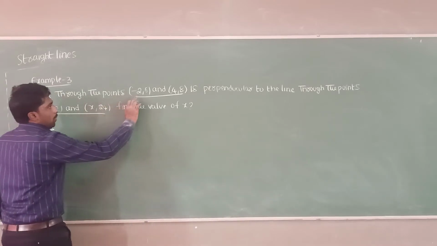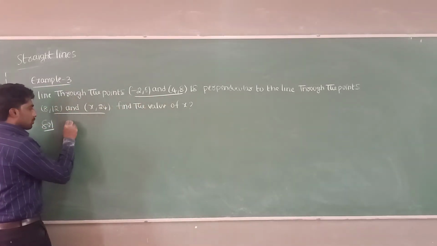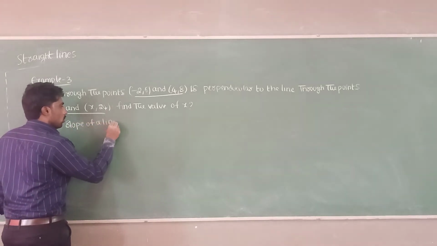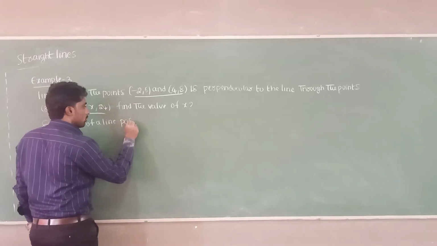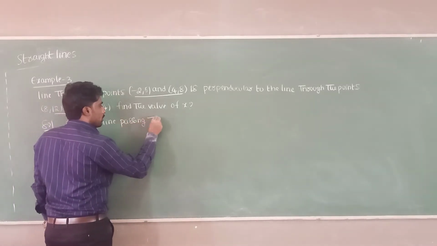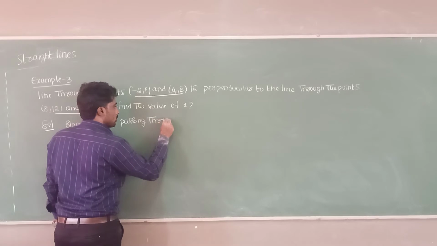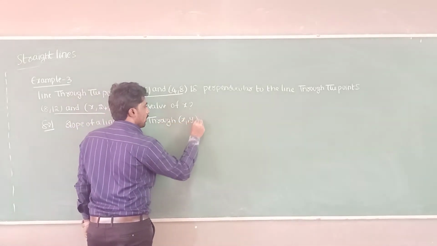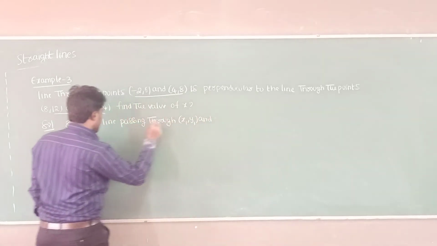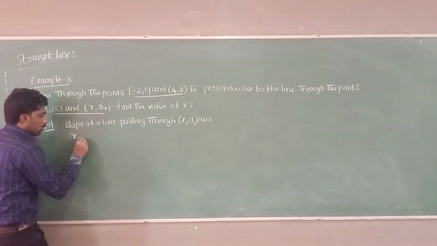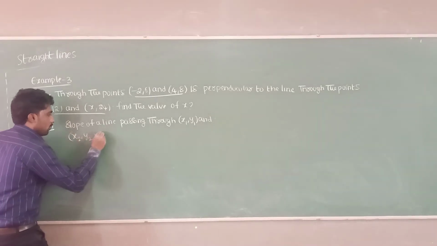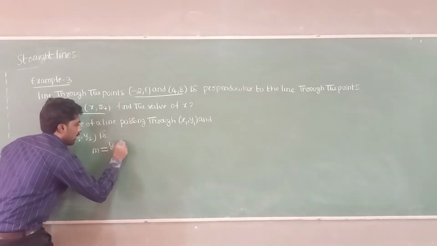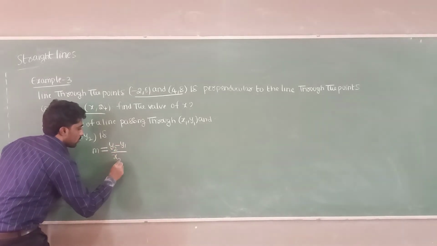Now, what is the formula? First of all, the slope of a line passing through 2 points x1 comma y1 and x2 comma y2 is, the formula is m equal to y2 minus y1 by x2 minus x1.